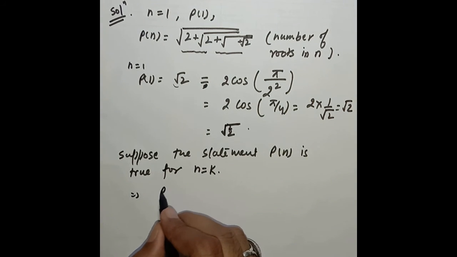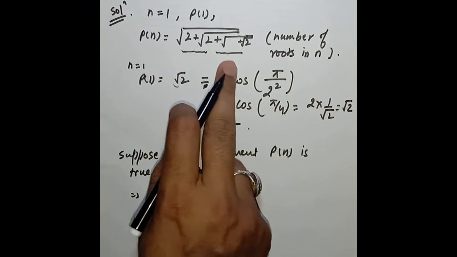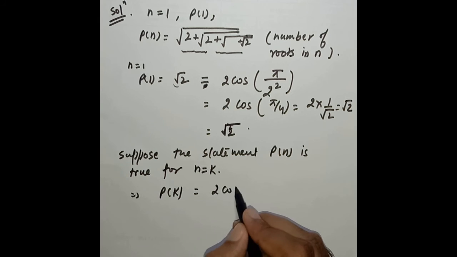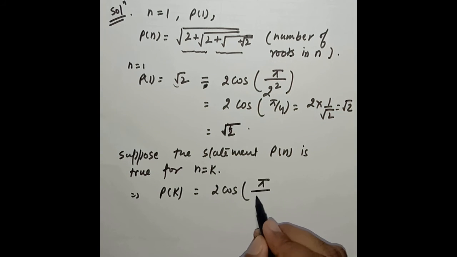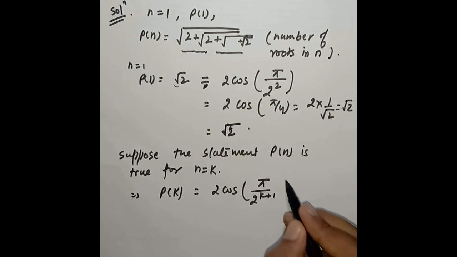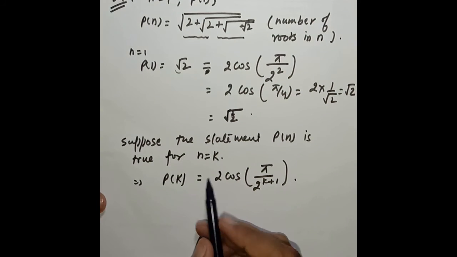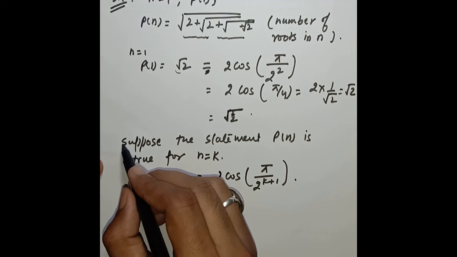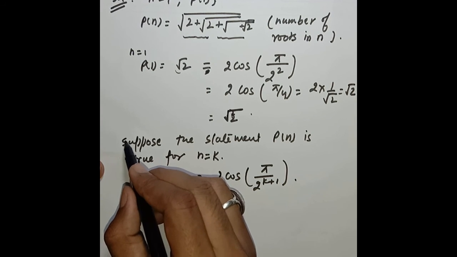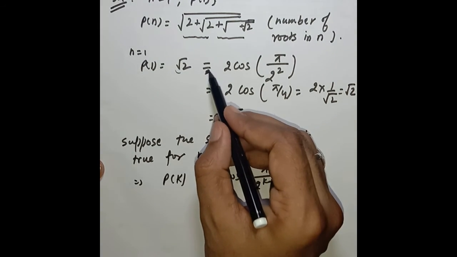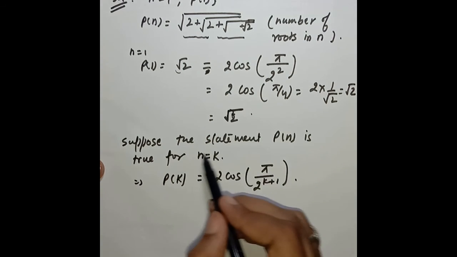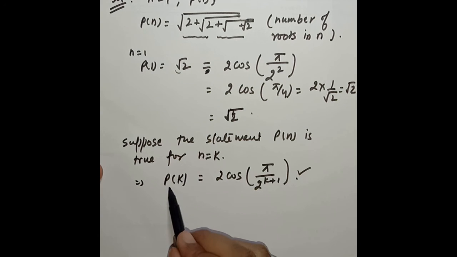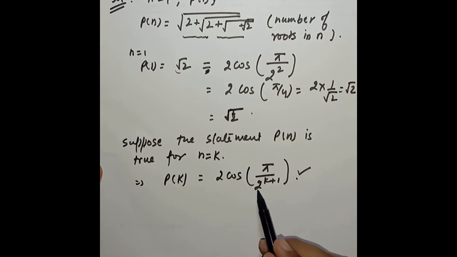So we can write Pk is equal to, on the right hand side, 2 times cos pi over 2 to the power k plus 1. It is true according to our assumption, that is the induction hypothesis. Our hypothesis is that it is true for n is equal to 1, so we suppose it is true for n is equal to k, that is Pk is true for n is equal to k.